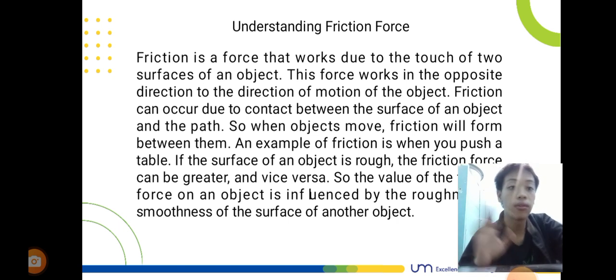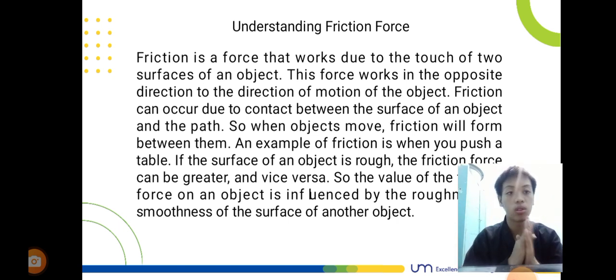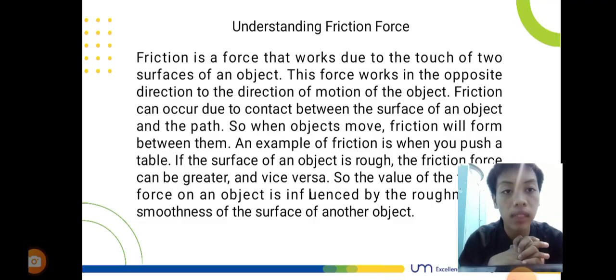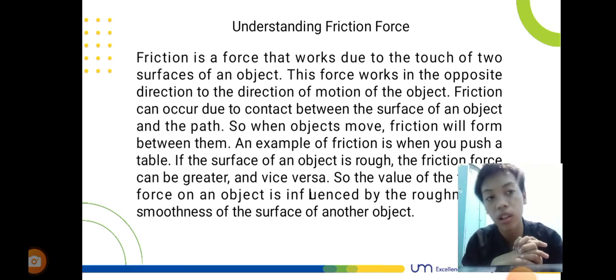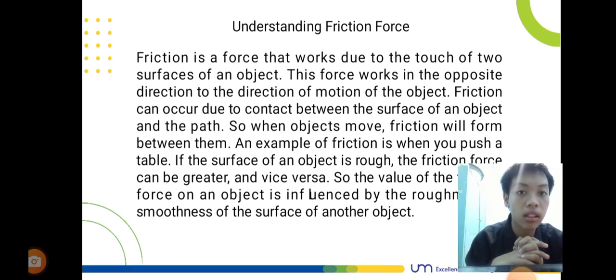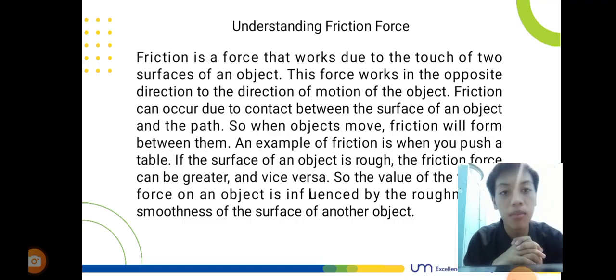Friction is a force that works at the touch of two surfaces of an object. This force works in the opposite direction to the direction of motion of the object. Friction can occur in contact between the surface of an object and the path. So when objects move, friction will form between them.